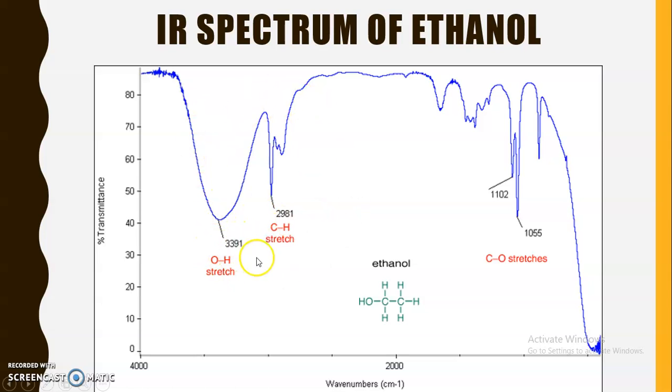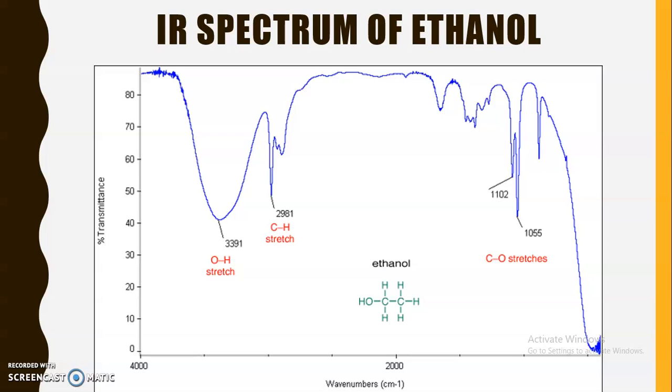Generally in this region, for a single group we get only a single peak, like we have obtained here. The second region is known as the fingerprint region, which is more complicated, ranging from 8 to 15 micrometer, with wave numbers of about 1300 to 400 centimeter inverse.